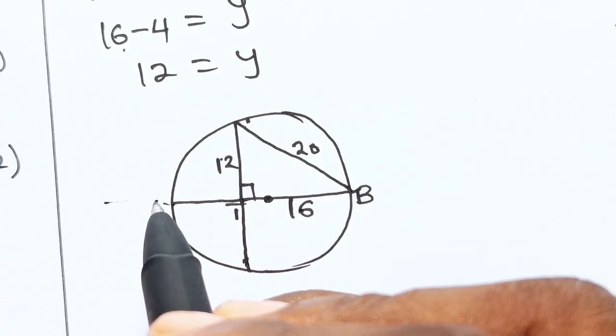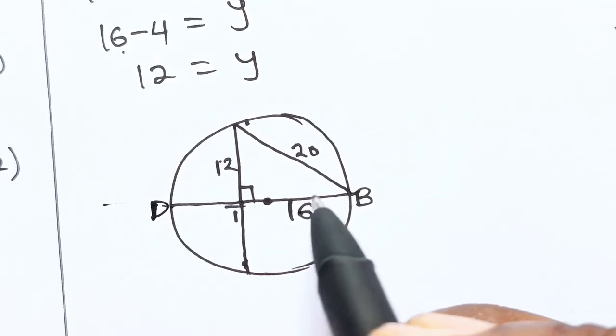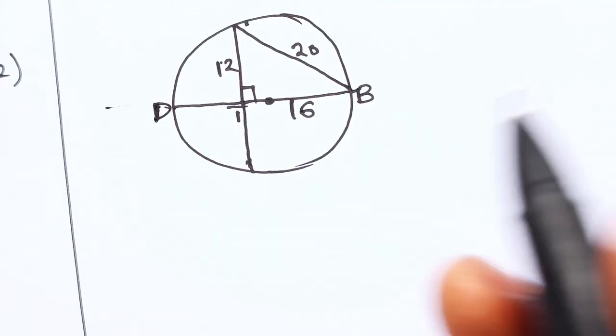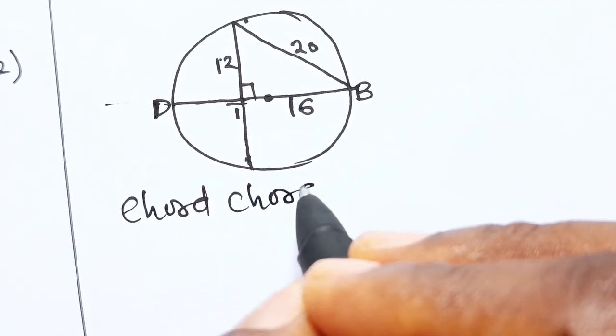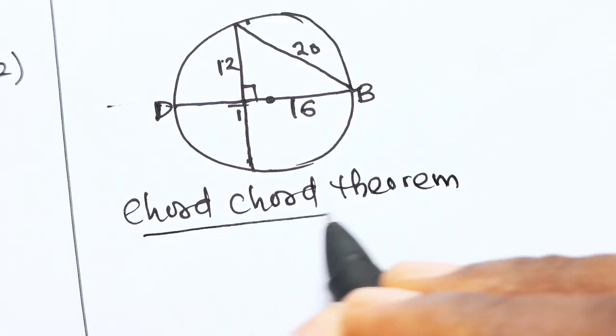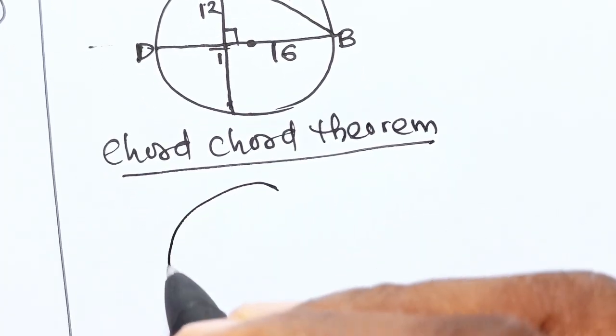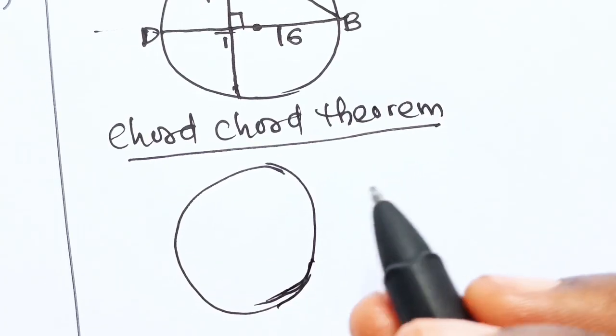Now, if we call this D, let us remember the chord power theorem. The chord theorem, power theorem, okay? This theorem states that in a circle, sorry, this is not a circle.